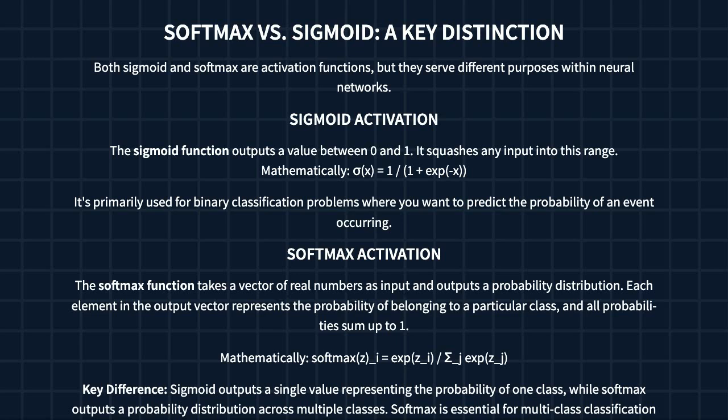Instead of just giving you one probability, it creates a whole distribution, a list of probabilities representing how likely the input is to belong to each possible class, and these probabilities always add up to 1. So, if you have 3 classes, softmax will give you 3 numbers between 0 and 1 that tell you how likely the input is for each class.